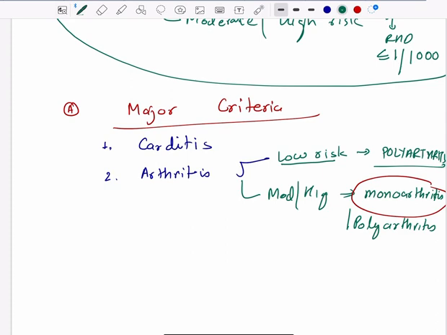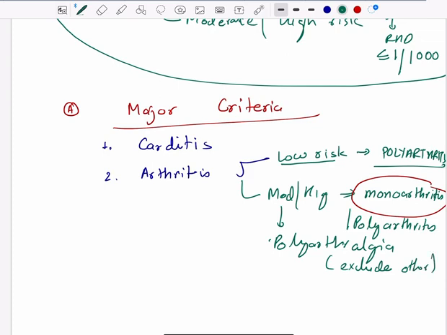Apart from this, you also have to consider polyarthralgia. So even joint pain is a major criterion in a moderate and high risk population. It is a major manifestation in high risk, after exclusion of other causes. So when you are considering this, you have to exclude all other causes.